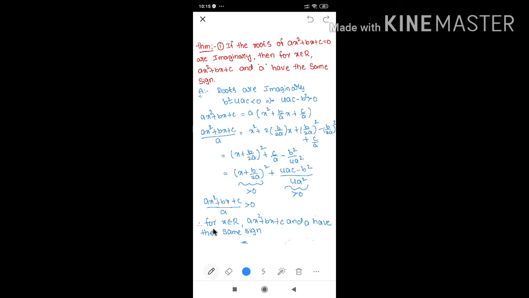Therefore for all x belongs to R, ax square plus bx plus c and a have the same sign. Check each and every step clearly. Most important formula and theorem. Sometimes it may be asked for 4 marks. So check each and every step and practice, you will get it easily.